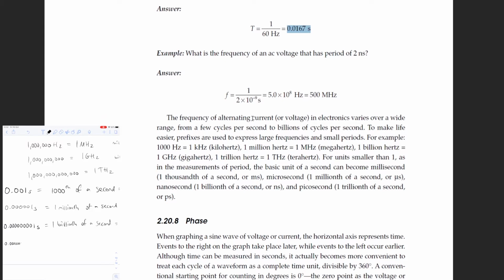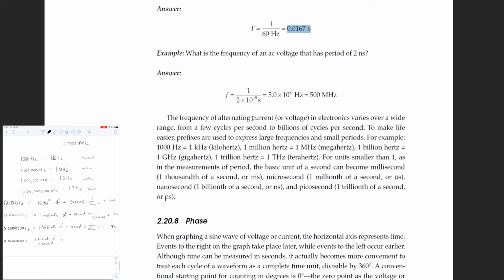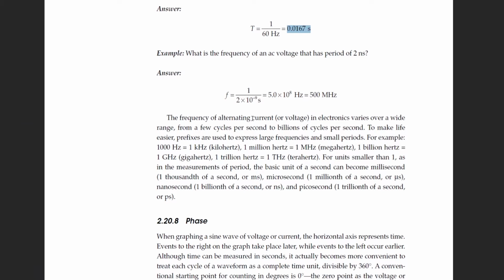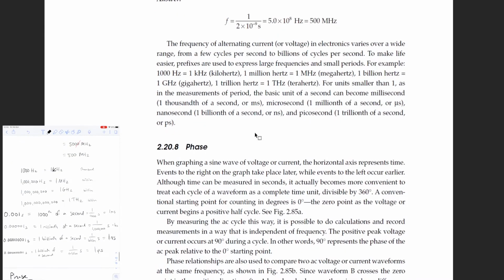So that's 11 zeros. 1, 2, 3, 4, 5, 6, 7, 8, 9, 10, 11. 1 second is equal to 1 trillionth of a second, which is equal to 1 divided by a trillion seconds, which is 1 PS. Okay, I'm comfortable with that. Okay, so we move on to phase now.